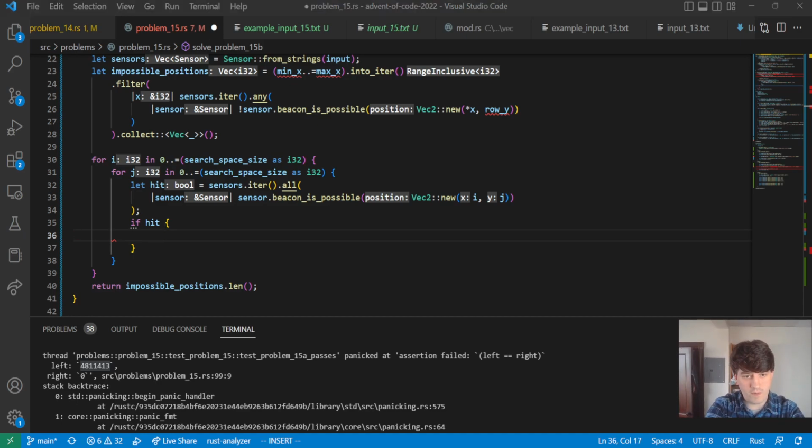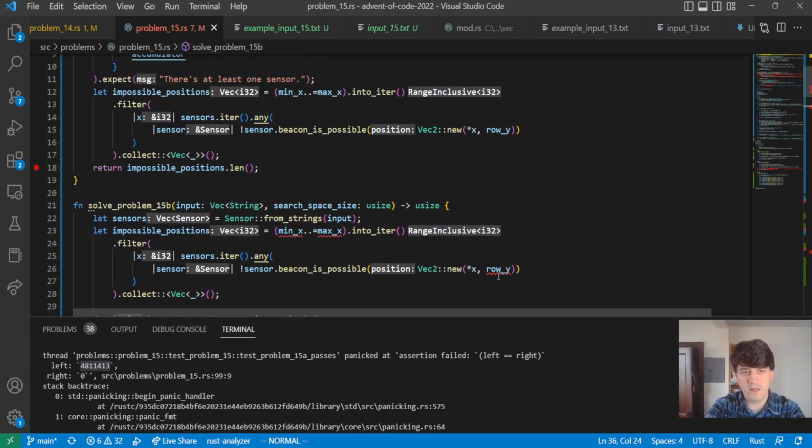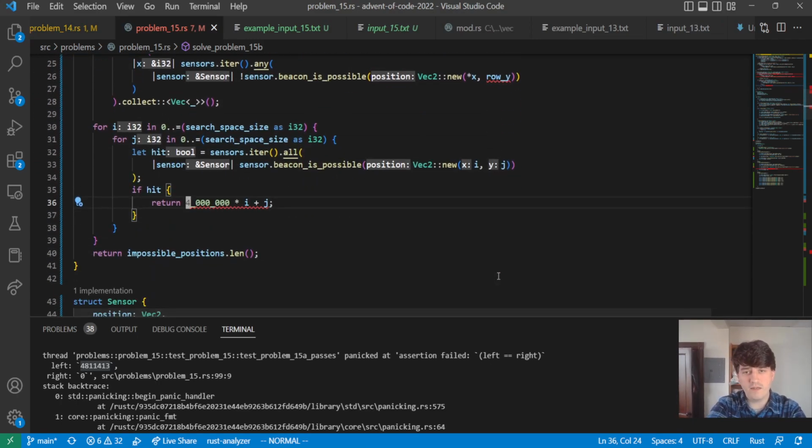Is it always 4 million? Yeah, it is. So 4 million times i plus j. And we return this. Otherwise we keep rolling, and this is not a usize. Can we make it a usize? We know that this is always going to be positive, so yeah, we can.